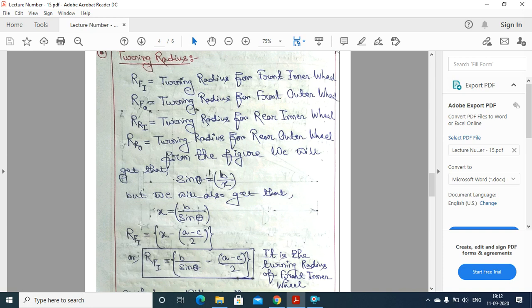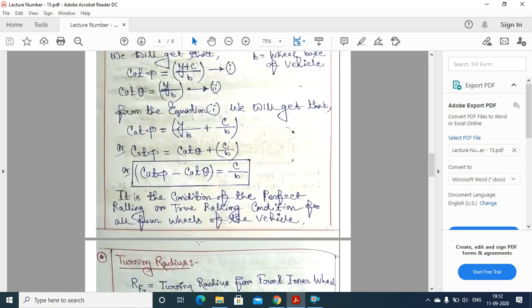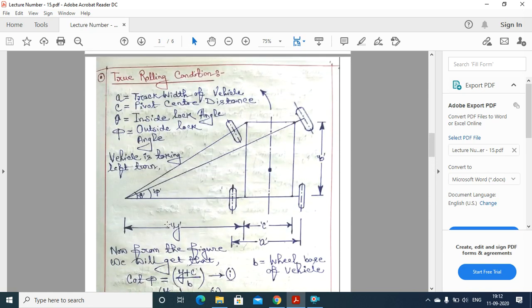Now coming to RFI, the turning radius for the front inner wheel. The turning radius for the front inner wheel will be x minus a minus c by 2. Just look at the figure here. You can see x is the total distance from the instantaneous center to the pivot center.